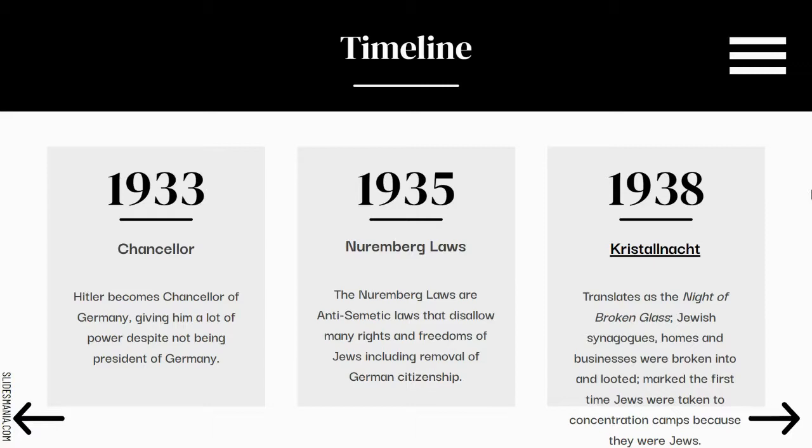The president names him chancellor and he has a lot of say. Then there are some events that follow that enable Hitler to gain even more power as chancellor, and he's able to do a lot of things with that power.